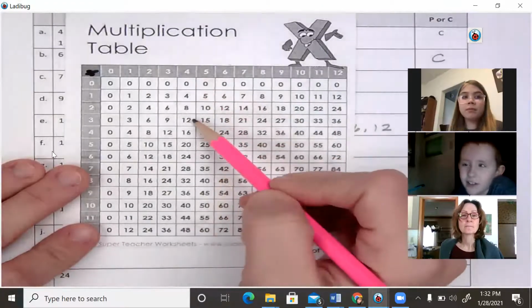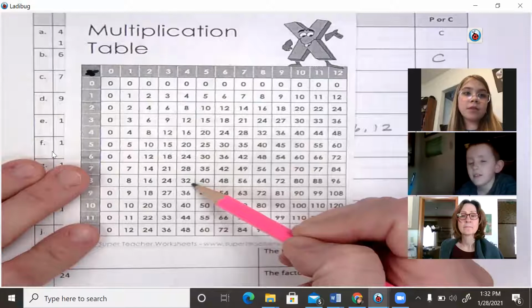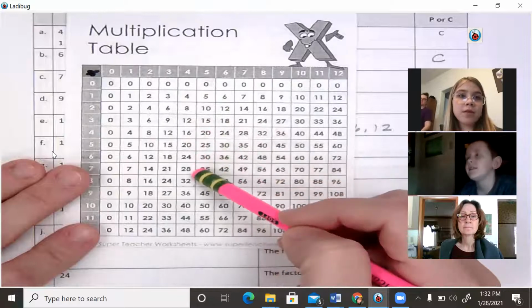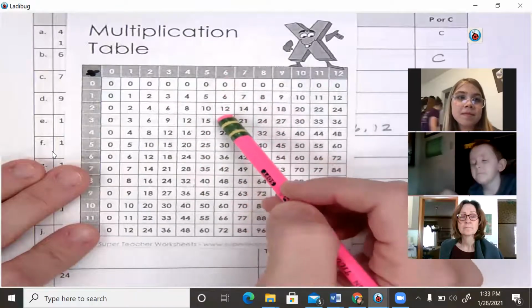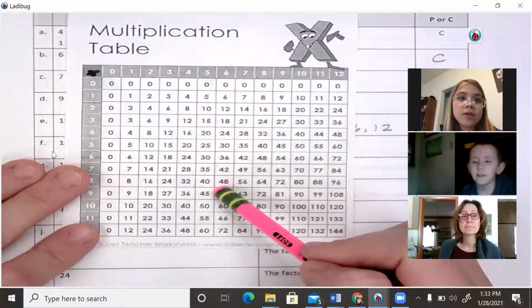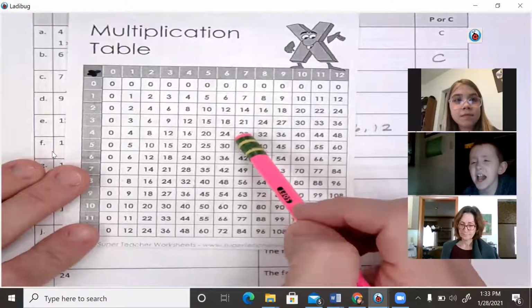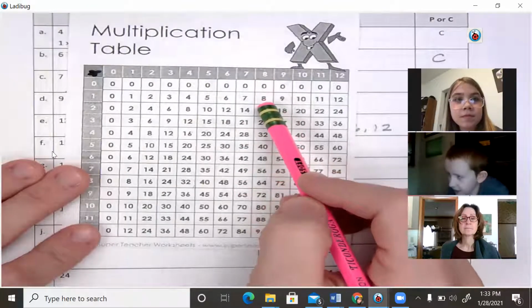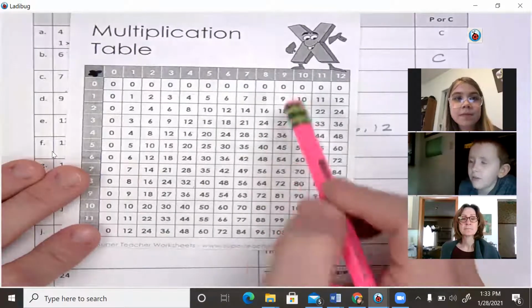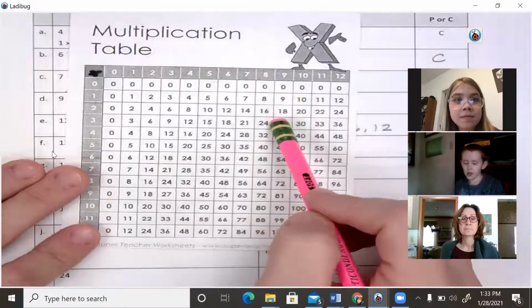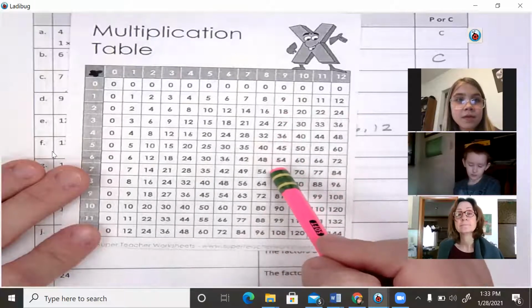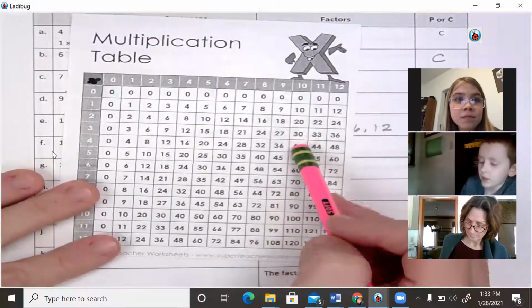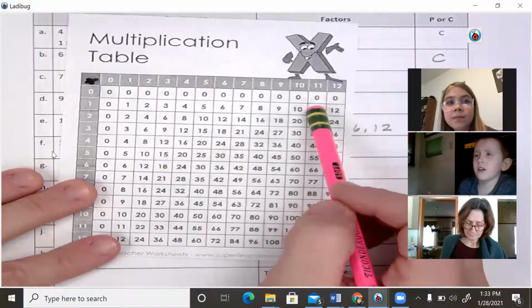Does 4 times anything equal 13? No. How about 5? No. 6? No. 7? No. 8? No. 9? Remember looking for 13. No. 10? No. 11?